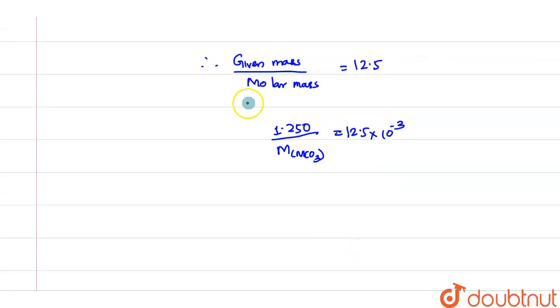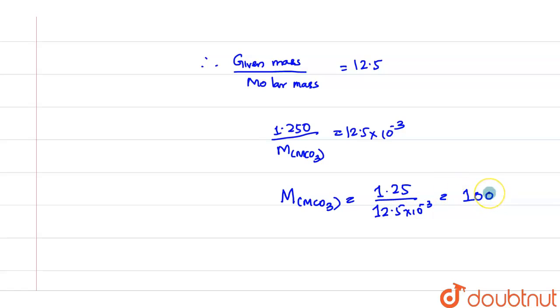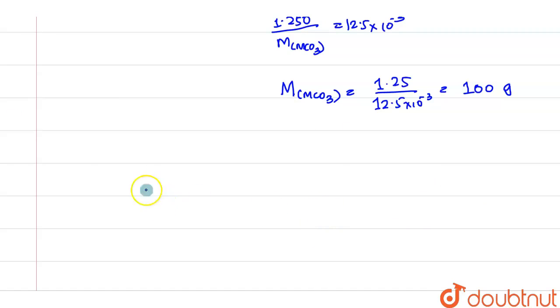From this we can find the mass of metal carbonate, equal to 1.25 by 12.5 into 10 to the power minus 3, which will be equal to 100. So 100 gram is the molar mass of the metal carbonate.